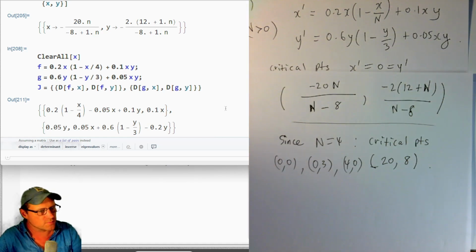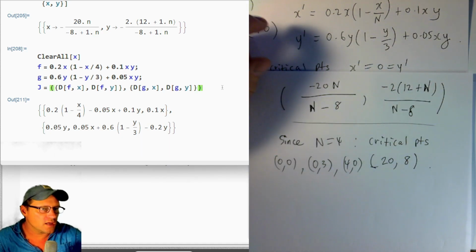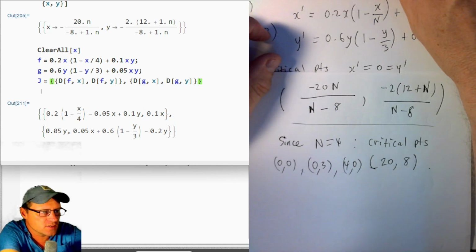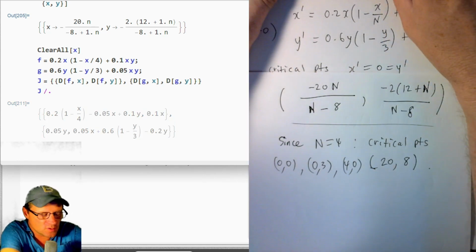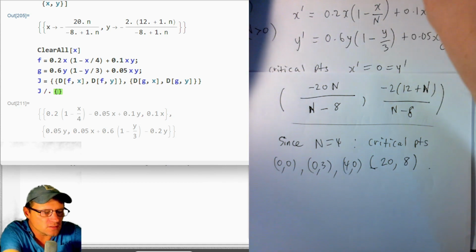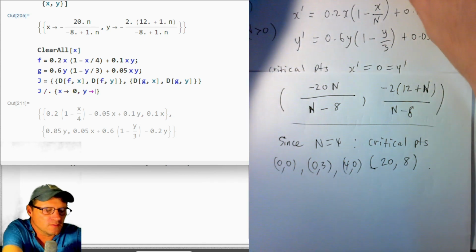Okay, so there we have our Jacobian matrix symbolically. And then what I want to do now is replace. This slash dot means replace all. So I'll say x goes to 0, y goes to 0.